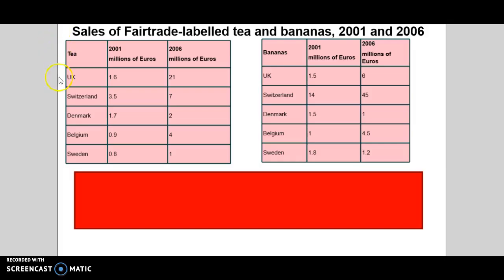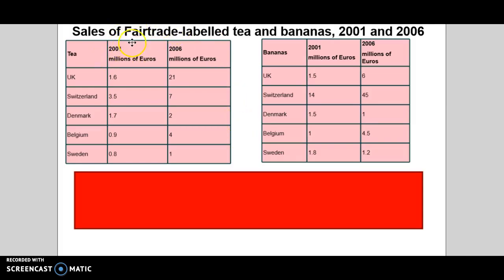You may be given two tables to compare. The tables usually have a title which tells you what the data in the tables represents. For example, these two tables represent the sales of fair trade labeled tea and bananas in 2001 and 2006.